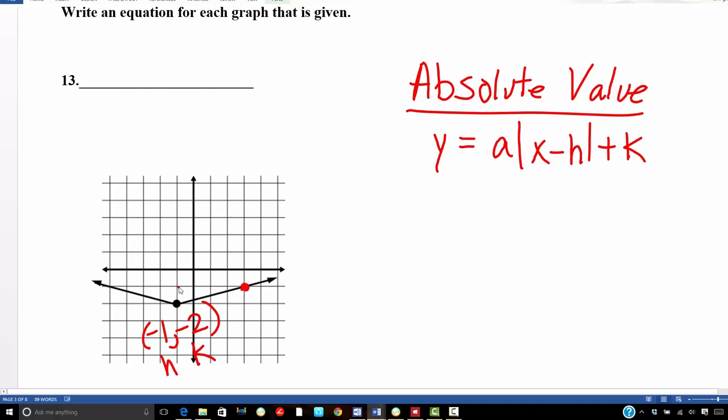So the amplitude is 1 over 4. So we know H, we know K, we know A. Substitute those into this form right over here for our answer. So y equals 1/4 absolute value of x minus -1, which of course has become a +1, minus 2.